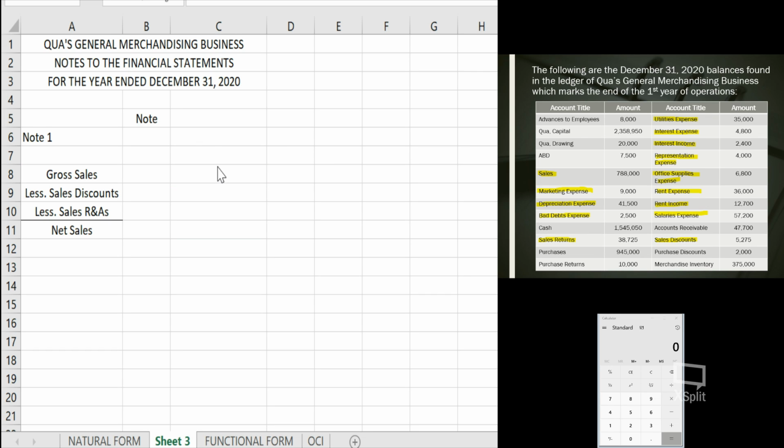Okay, ang gross sales natin is 788,000. Sales discounts, 5,275. Sales returns and allowances, 38,725. So, in order for us to get net sales, we simply have to deduct the two contra sales accounts.